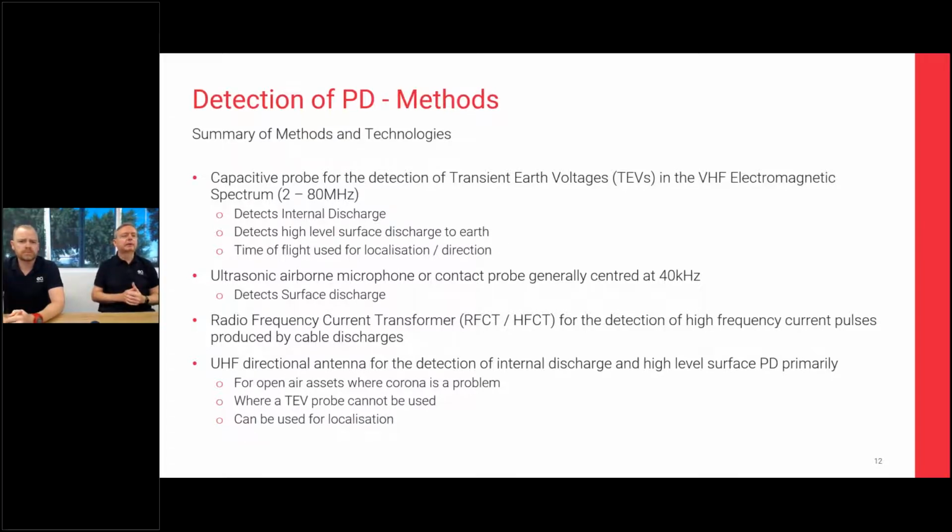We can use the UHF technique for localization too. UHF signals won't travel anywhere near as far as VHF signals. So if we're finding the problems at the switchgear, at the termination, or around a particular joint only, that gives us an indication that it's happening in that location and not something that's being imported. So that's the different techniques we deploy.